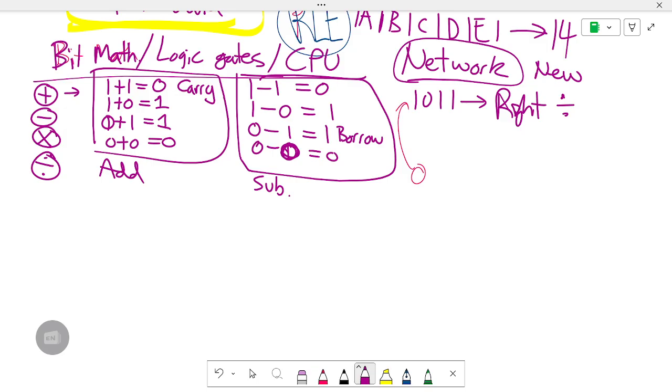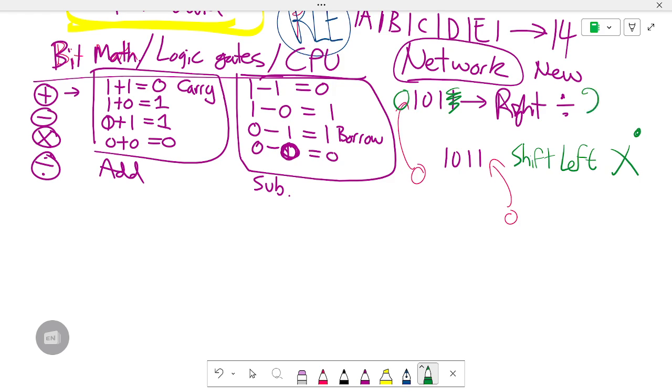If I insert zeros here and shift to the left, that is multiplication. If I add a 0 here, then this one is going to drop off. This is division by 2.